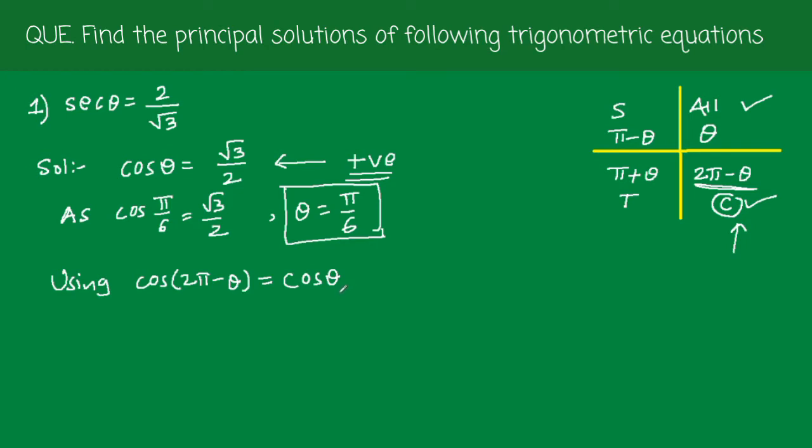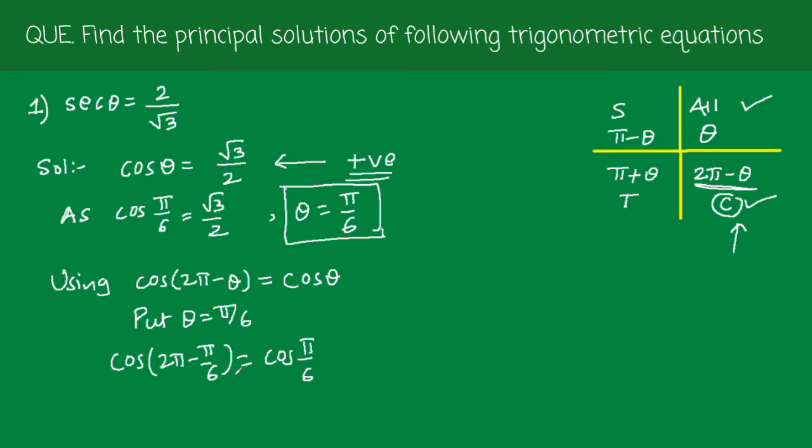Now replace theta, that is pi by 6, in this equation. Pi by 6 is one of the solutions, and we are going to use that value. So cos of 2 pi minus pi by 6 is equal to cos of pi by 6.